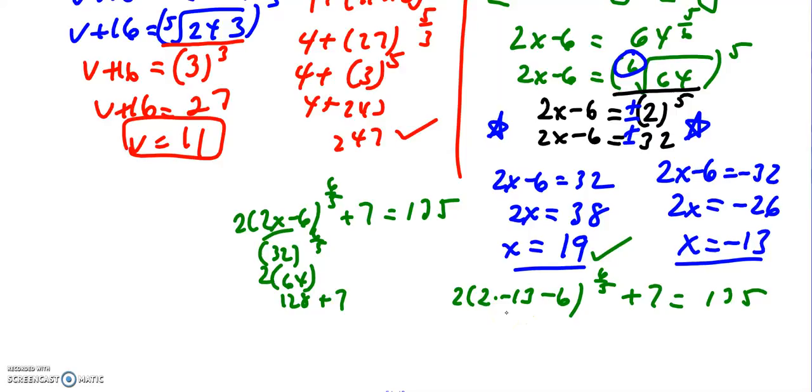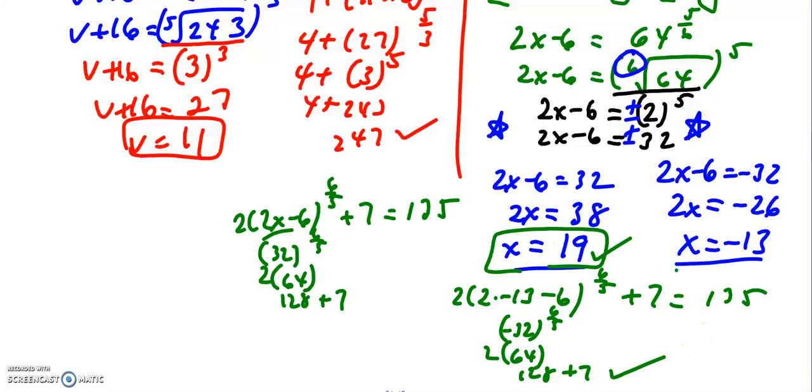Negative 26 minus 6 is negative 32 to the 6/5. The number times itself 5 times that gives me negative 32 is negative 2. Negative 2 to the 6th power, again, is 64. 64 times 2, again, gives me 128, and then 128 plus 7, again, is 135. So both of these answers worked.